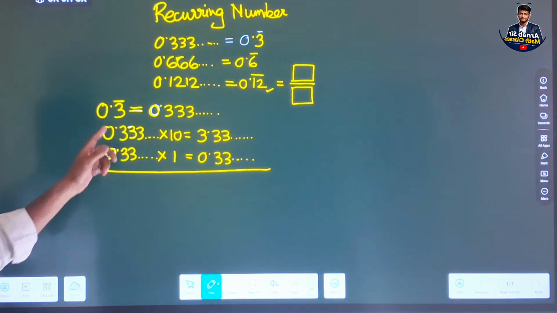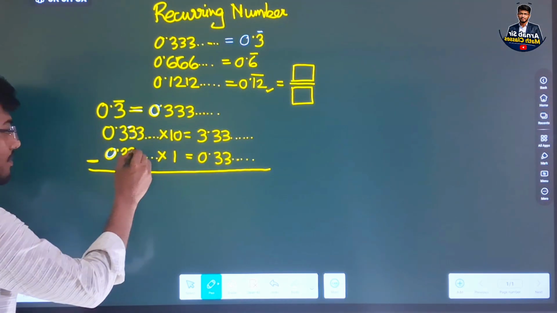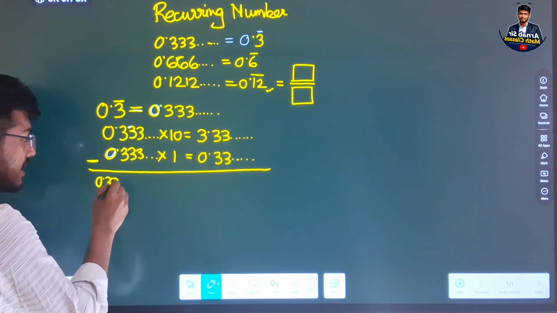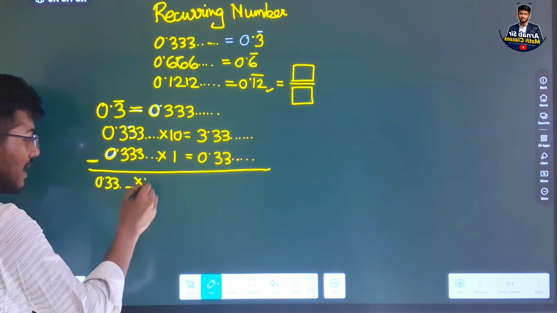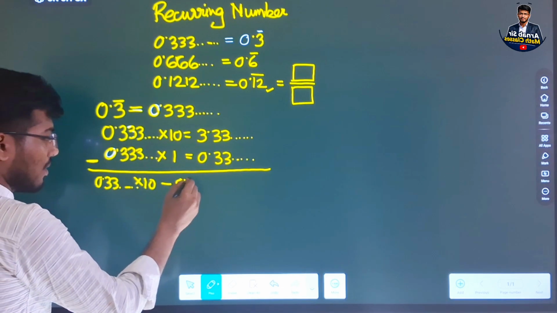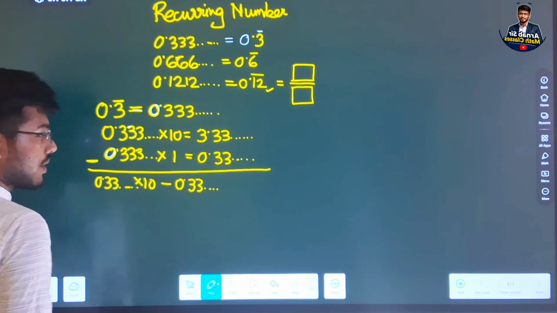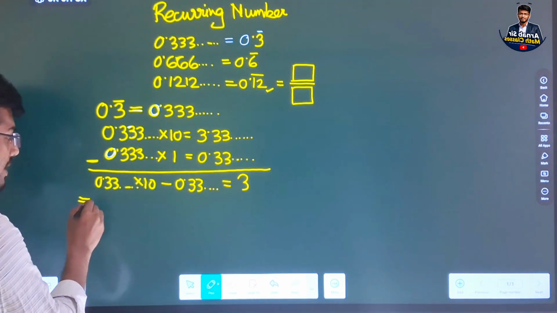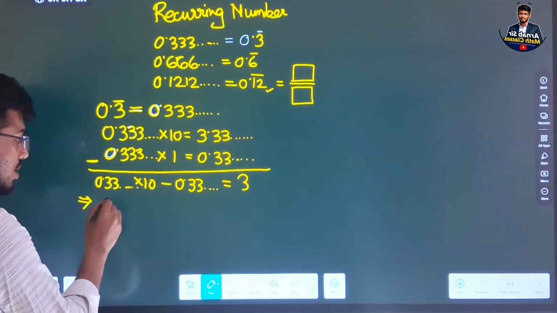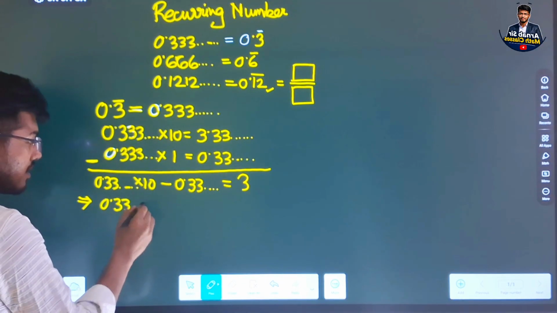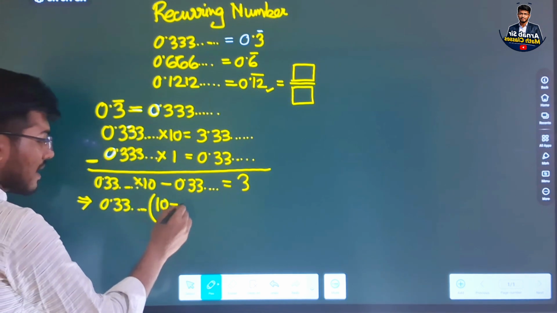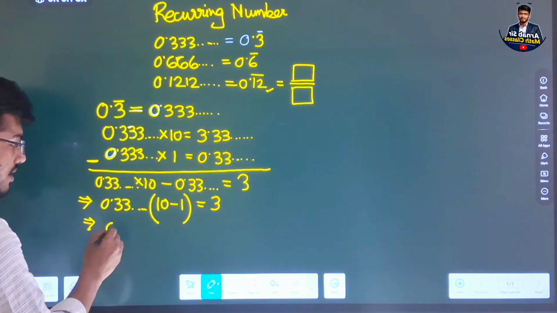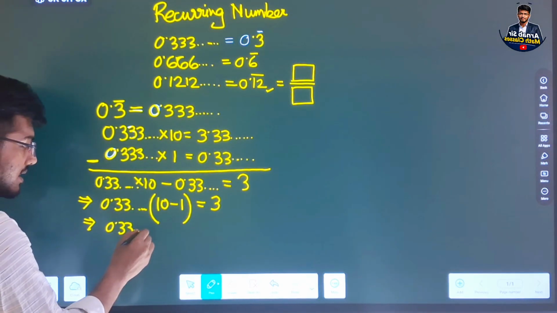Obviously we can write 0.333 multiplied by 10 minus 0.333 equals 3. If we take 0.333 common, this is 10 minus 1, that means 9, and the result is 3.